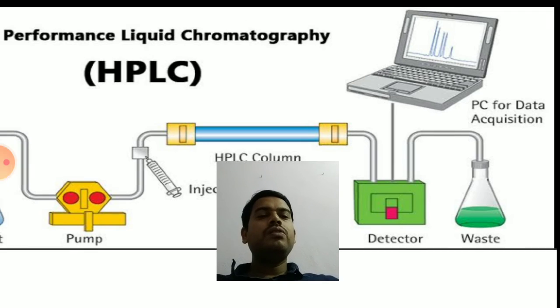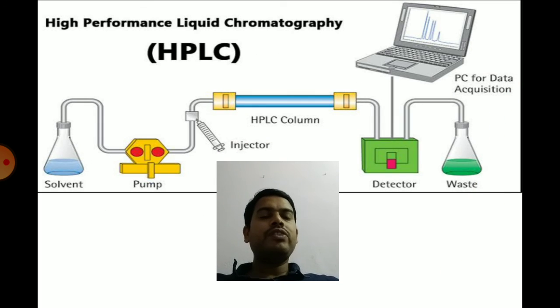This is how you decrease the retention time of your sample particle, and also you get highly resolved, purified sample particles which can be used for further analysis like protein structure identification by mass spectroscopy and also some other techniques.